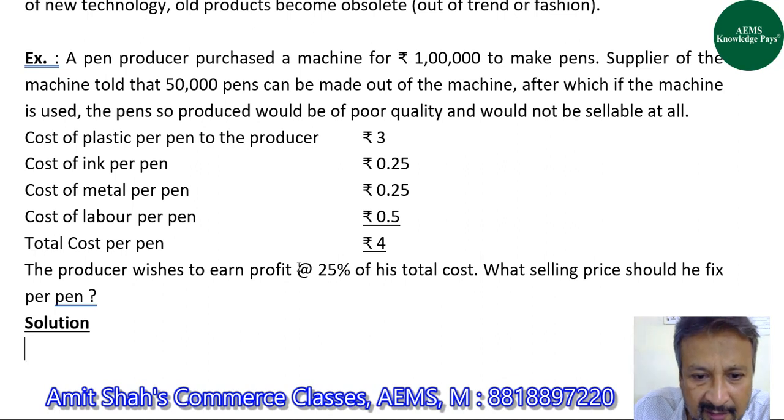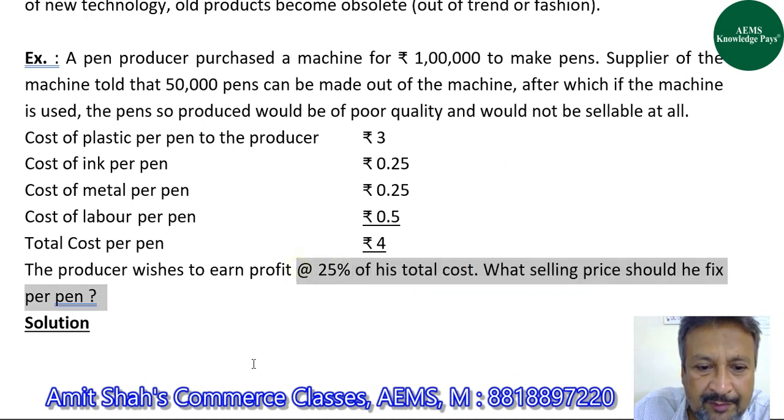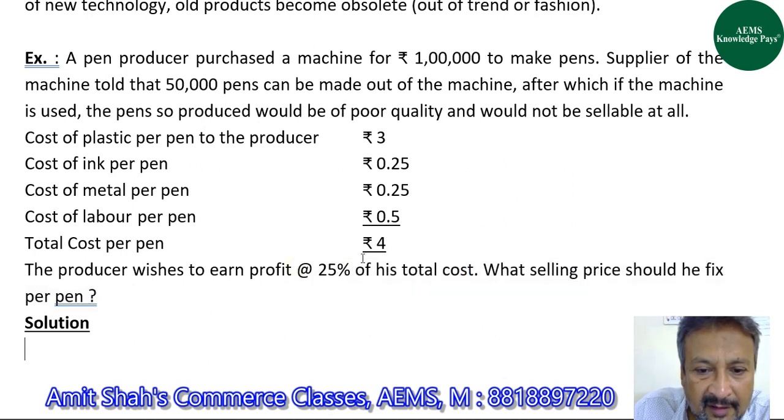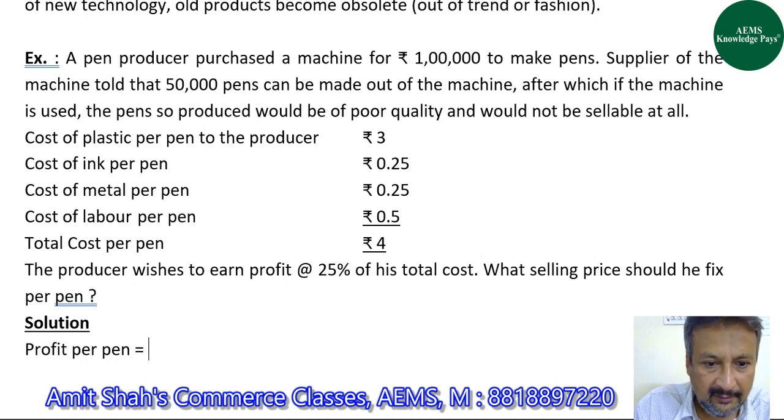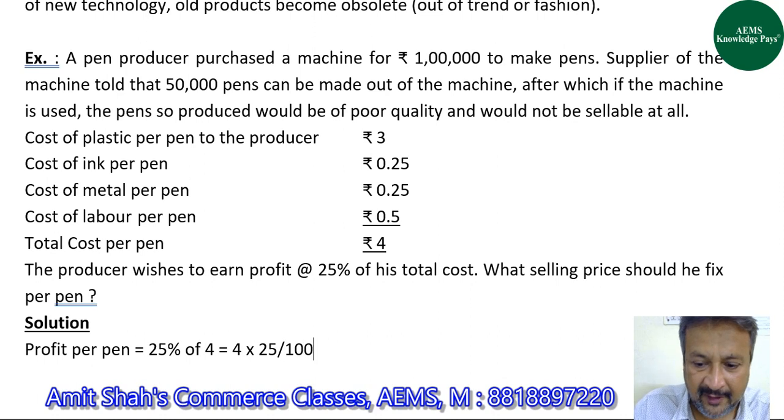You are saying that the selling price per pen would be rupees 5. That is, for you, total cost is rupees 4. So, profit per pen is 25% of 4. That is, 4 into 25 by 100 means 1.